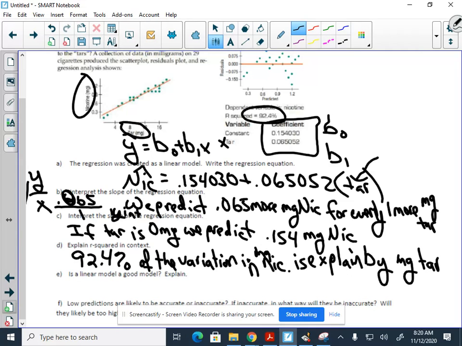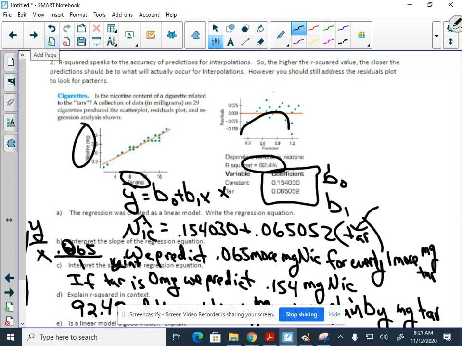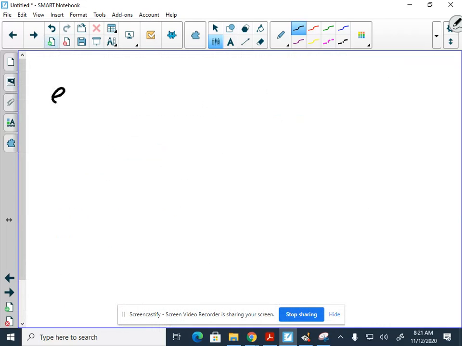Is a linear model a good model? We look up here. Now I think there's some ambiguity to this one. I could have students say that those are random residuals. I could also have students say it's patterned. I really don't even care. I can kind of see a little bit of both. It's just, if you say it's random, so on E, I'm going to do this one on another page here.